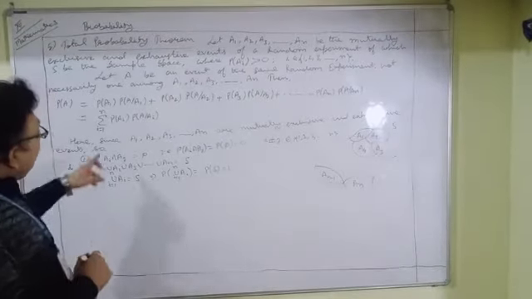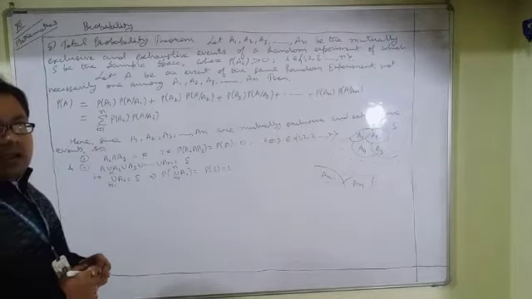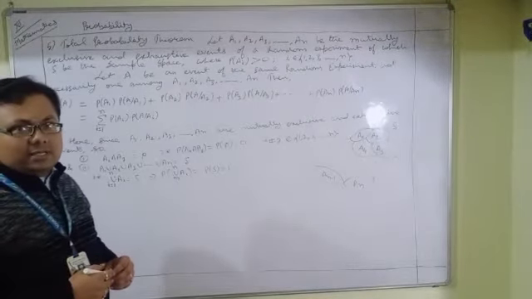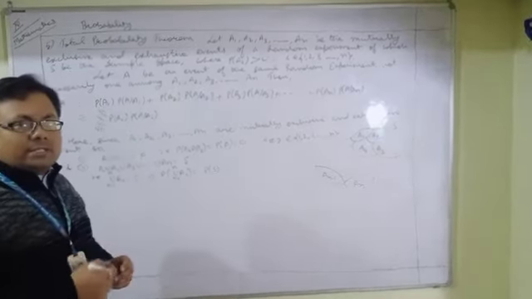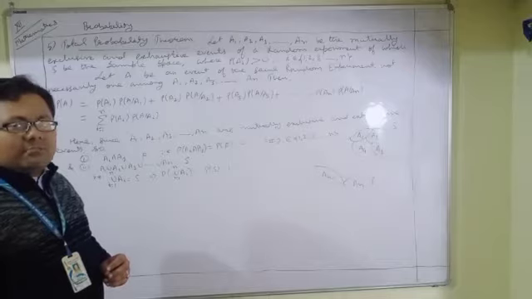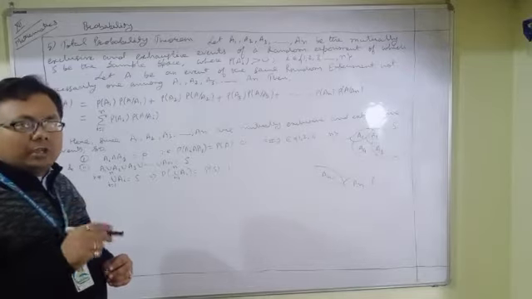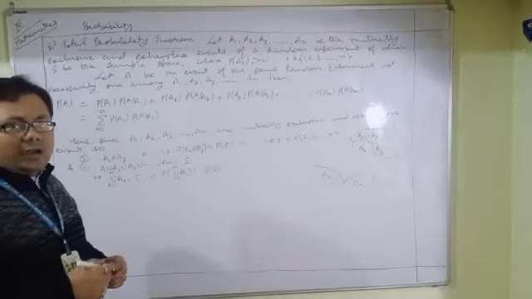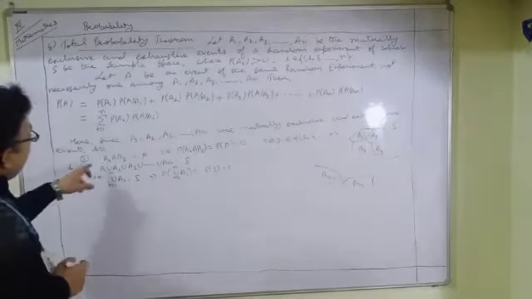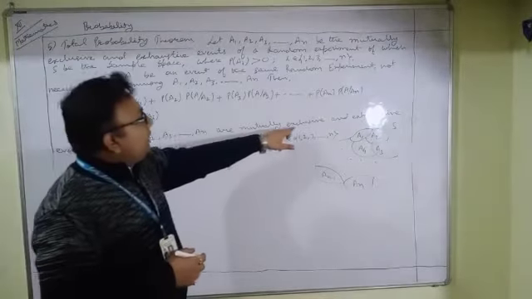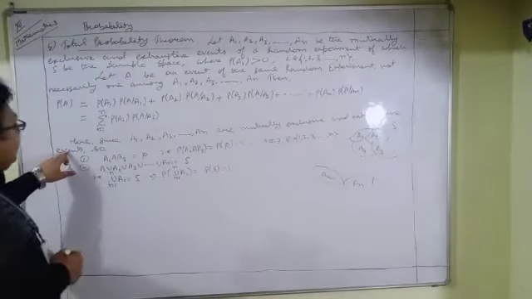Now it is necessary to understand the meaning of mutually exclusive and exhaustive events. You have already studied this in class 11, but even at this time I want to recall it. Here A1, A2, A3, ..., An are mutually exclusive and exhaustive events.